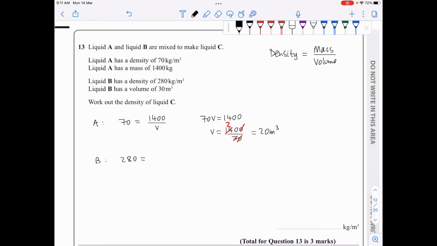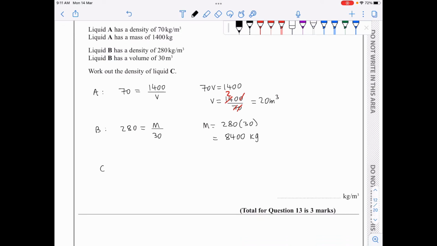The mass is what we're trying to find, and the volume is 30. So the mass will be 280 times 30. 28 times 3 is 84, then 0, 0, and that's 8,400 kilograms. So for C, the density will be the total mass, which will be 1,400 plus 8,400, over the total volume, which will be 20 plus 30.